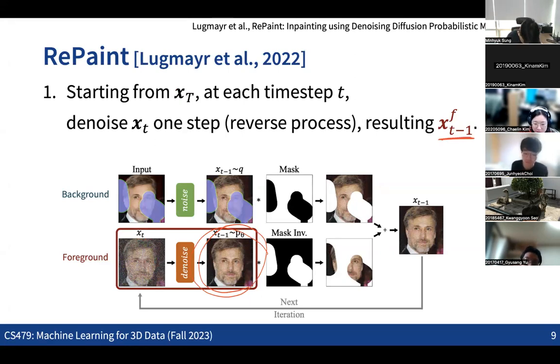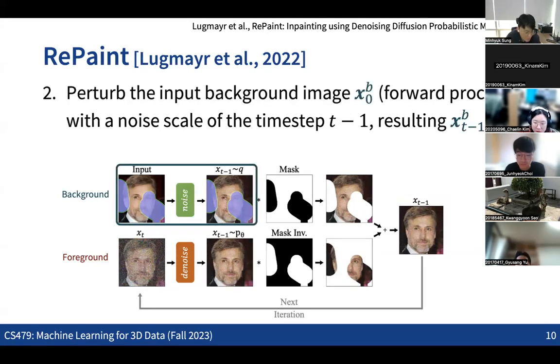At each time step, while we are running the denoising for the foreground image for one step, for the background images we are running the forward process until the time step t minus one.